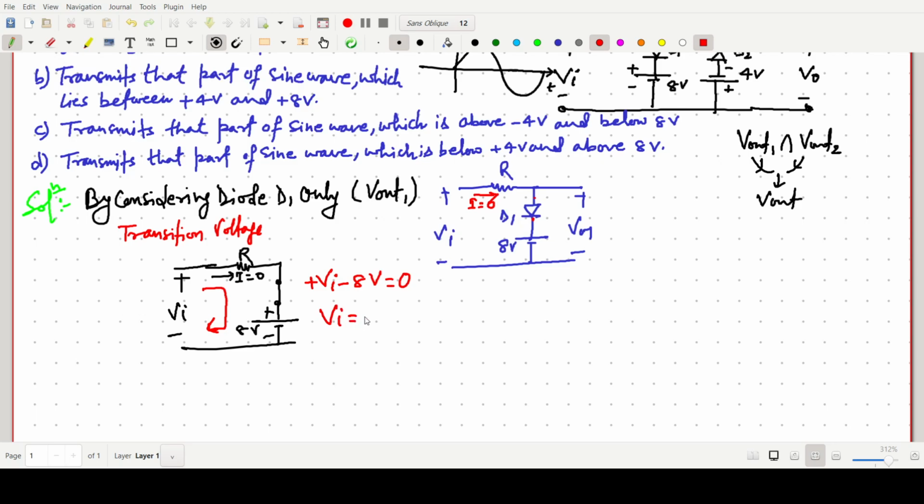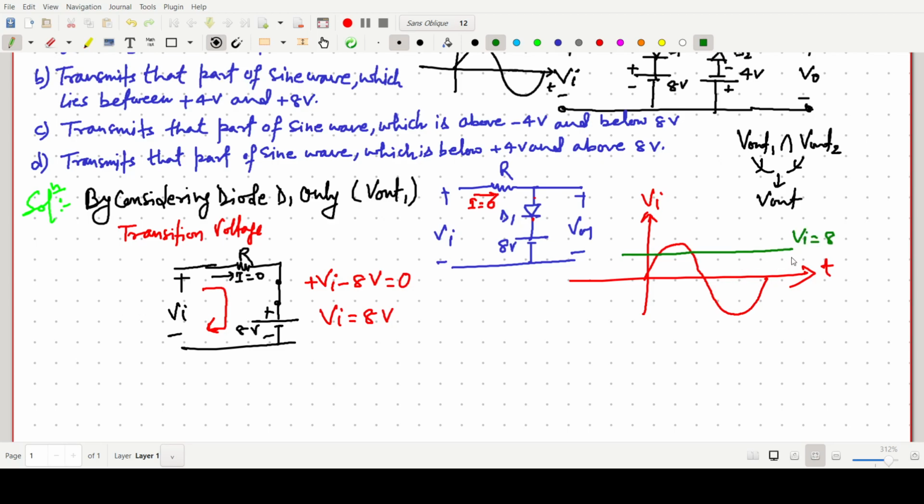So Vi equals 8 volt. If this is the sinusoidal signal Vi versus t, we plot the line Vi equals 8 volt, which is parallel to the time axis.